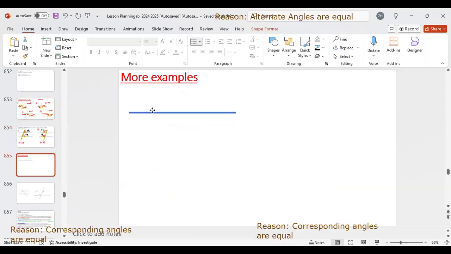Okay, so write this down for me, please. Let's say we have the same 2 parallel lines with the transversal again.